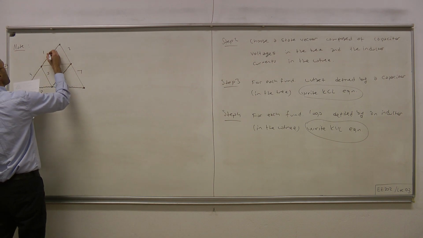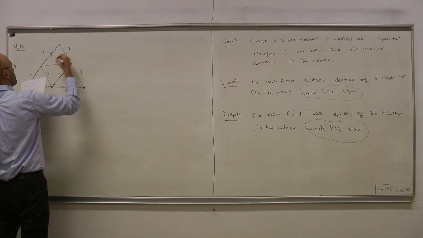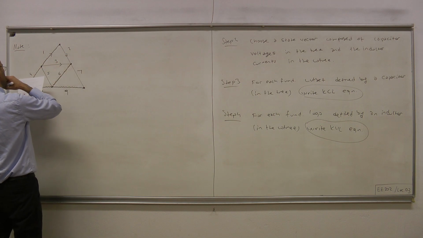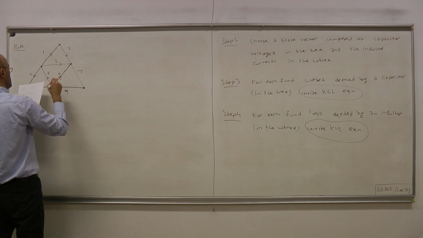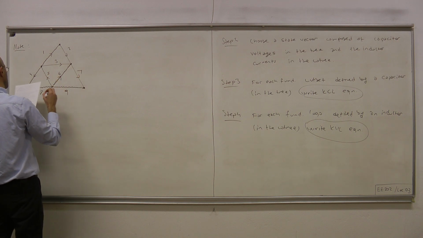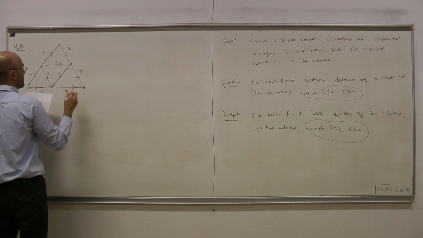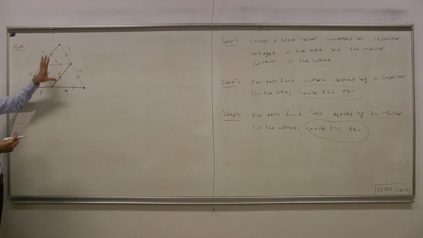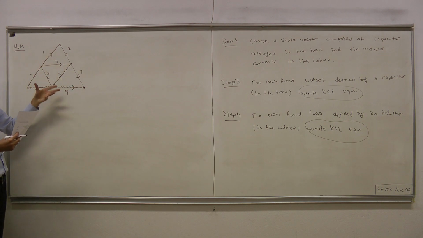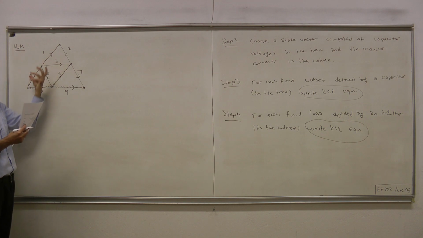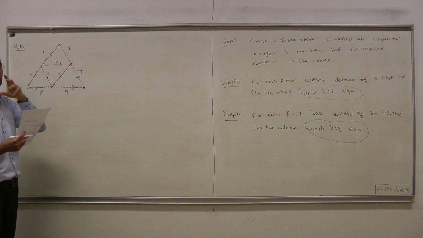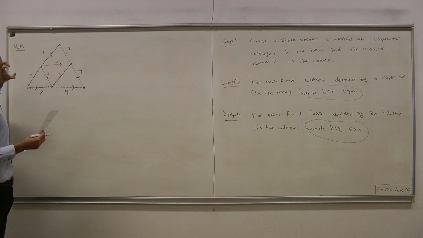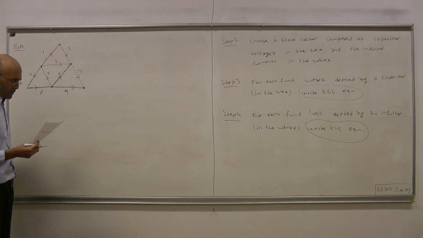So let the directions be given as follows. We have the labeling, we have the direction, we have the tree selection, and automatically we also have the Cotree selection.